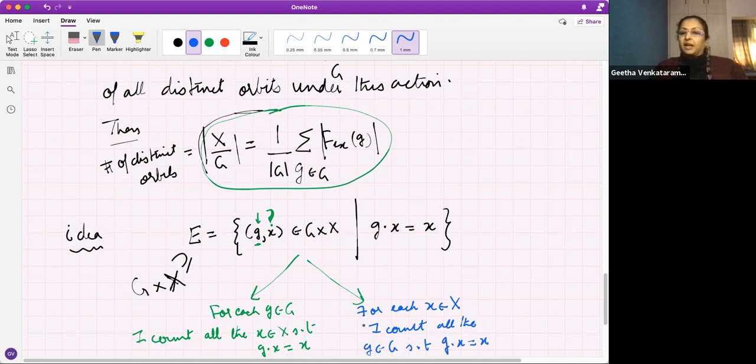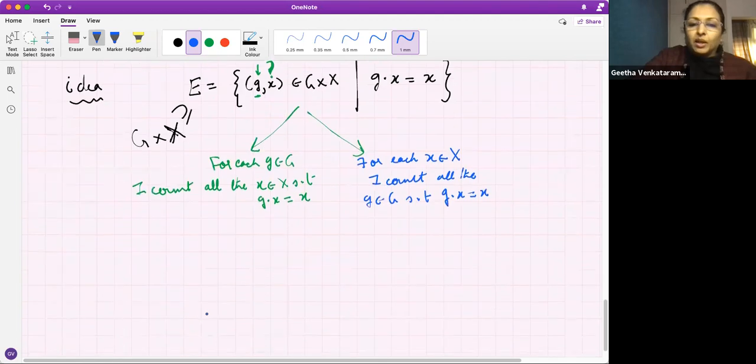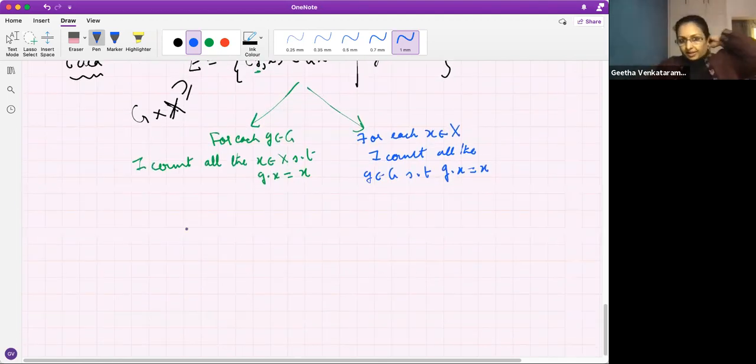Again, if I take this over all the possible choices of x in capital X, I'm going to get the order of E. And then when I equate these two things, I will end up getting the formula for Burnside's theorem. Okay, so let's look at the first approach.